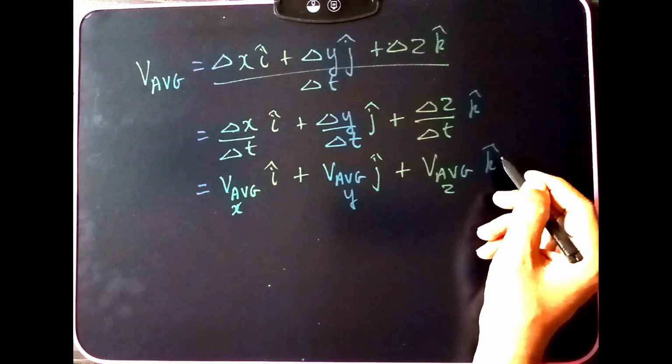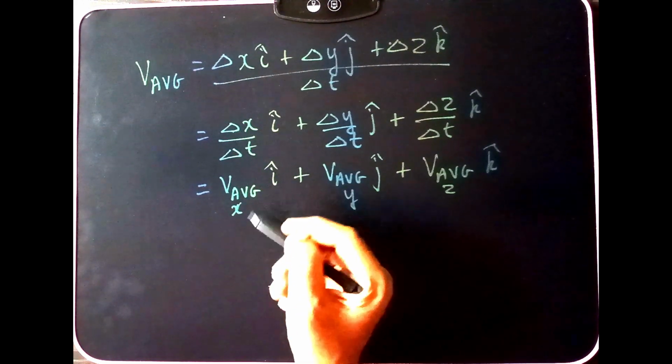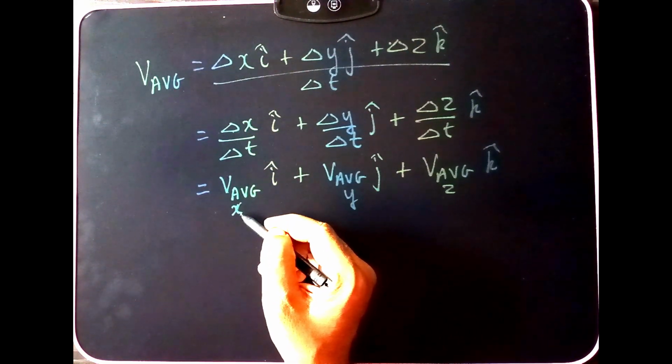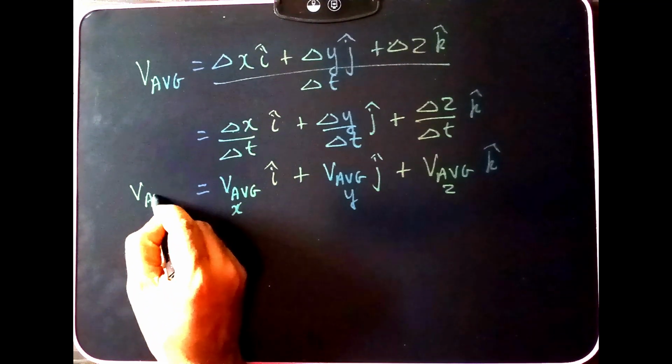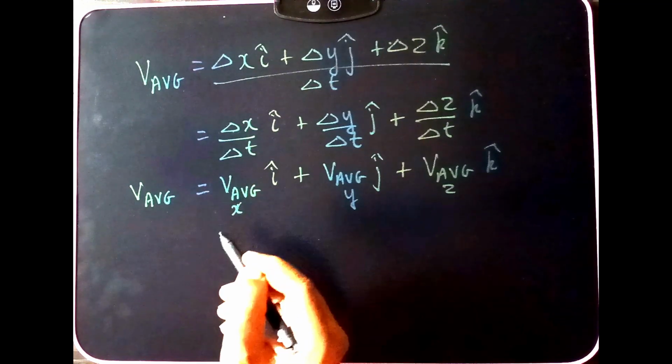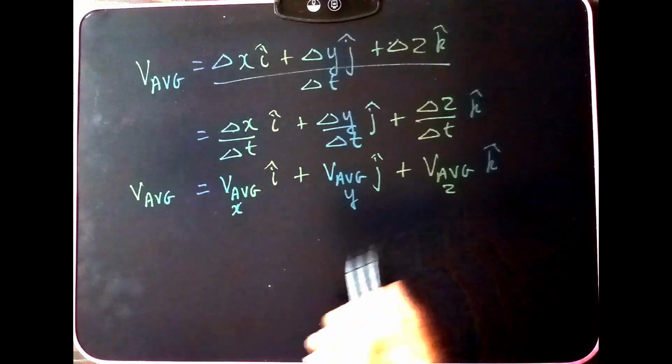So you can see that the average velocity in each axis is independent of the others, and hence the average velocity in the particular motion is a vector sum of the average velocities on each of the axes.